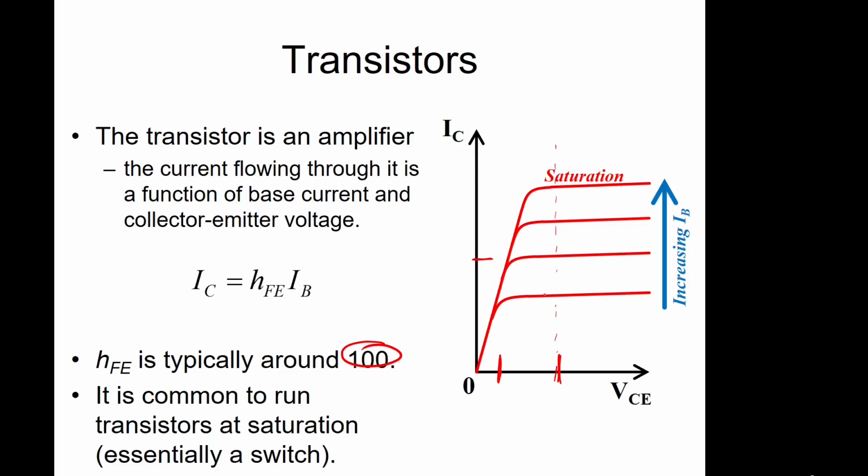So typically they're used with a significantly high enough voltage that you're in this region. It's not that high, it can be 5-10 volts, but you're operating this in saturation, so rather than being an amplifier, it's essentially a switch. So the transistor is either switched on or switched off.